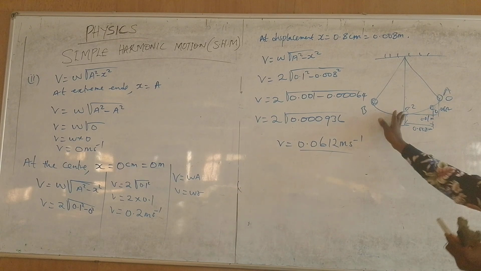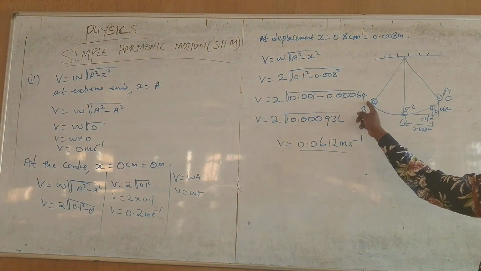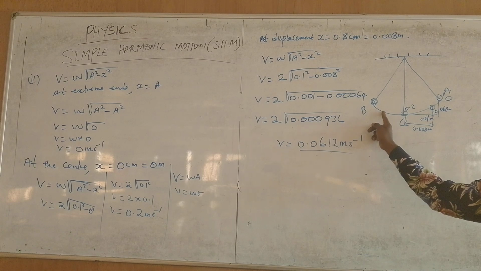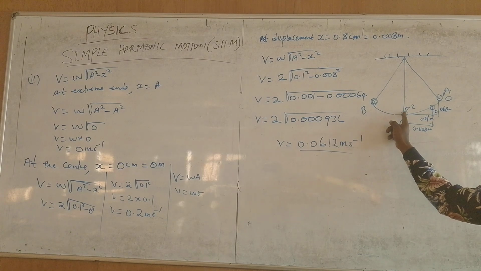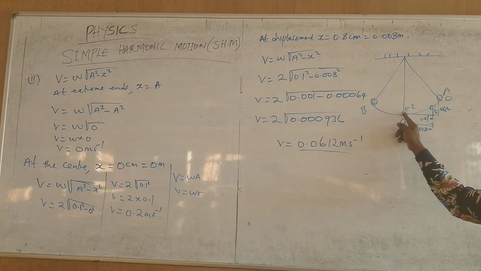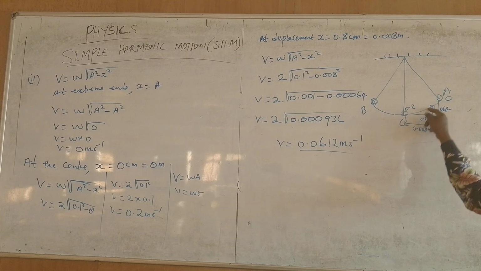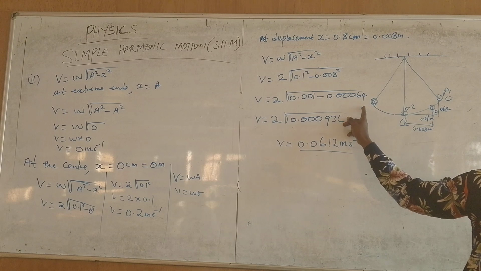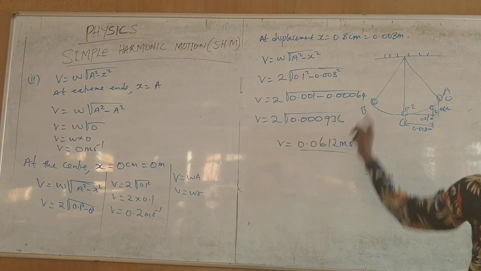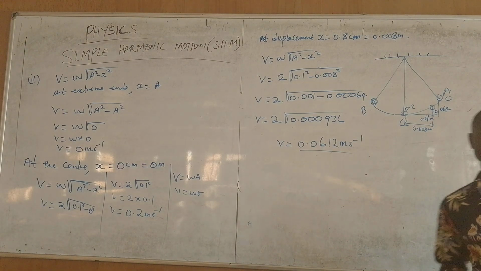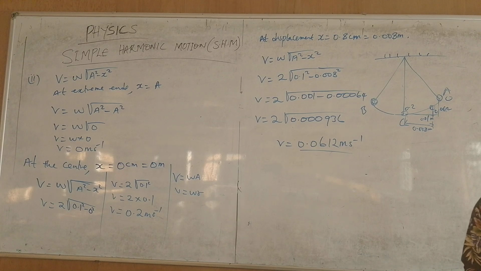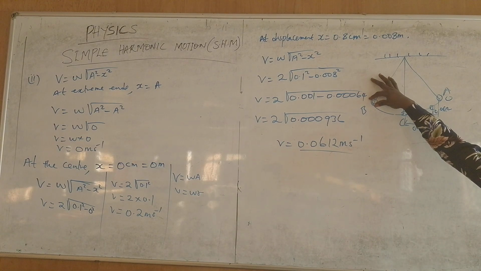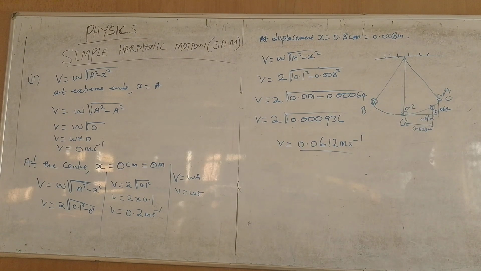The same thing will happen around here too: 0 here, small here, bigger here, maximum here. Then it will be decreasing again until it becomes 0. As you're coming down again, it will be increasing, maximum here. Then as you are going here again, it will be reducing until it becomes 0. It's just like projectile motion: where something is going up, speed is decreasing until it becomes 0 at maximum height.